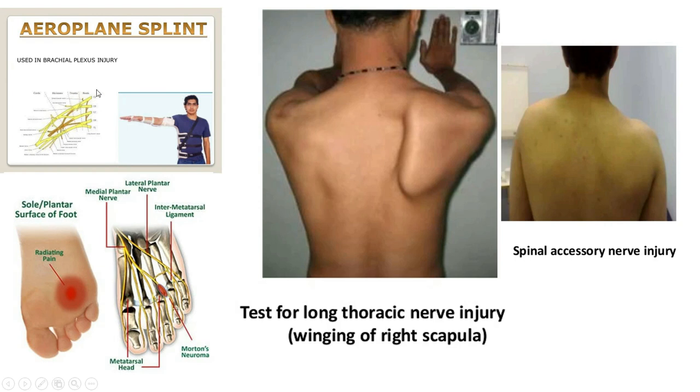In severe cases there is some operation of nerve transfer or repair, but it needs high neurological training, microvascular training, and it must be treated within 6 hours in a highly specialized center. In our setup this is very difficult to manage, so it is better to know the conservative management.